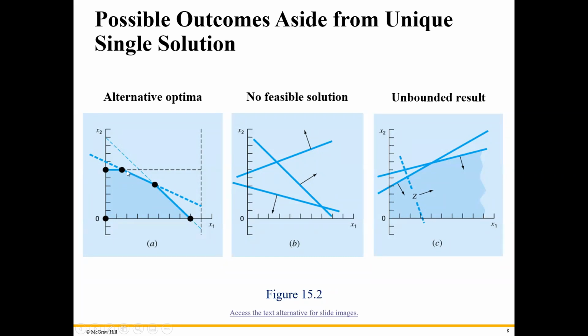That means any point on those edges will be a solution. The solution can be at this point, this point, or this point. So all of those solutions will be giving us equal results. Okay, so these are the alternative optima.